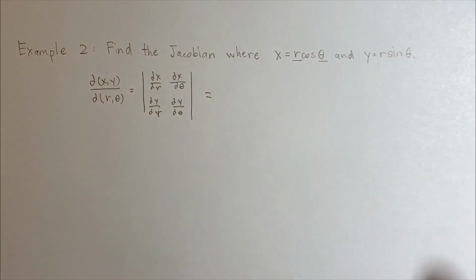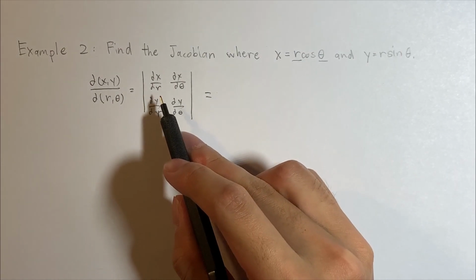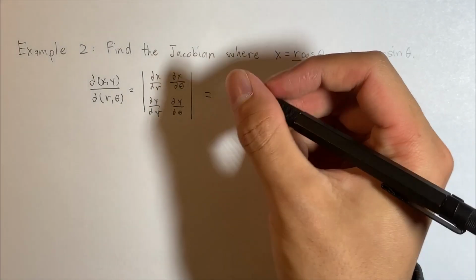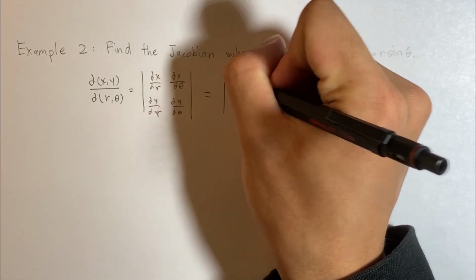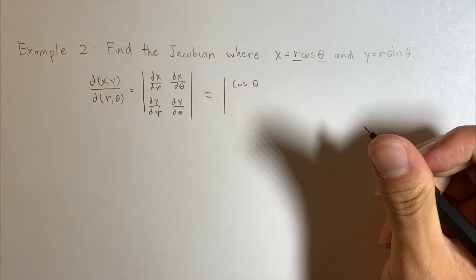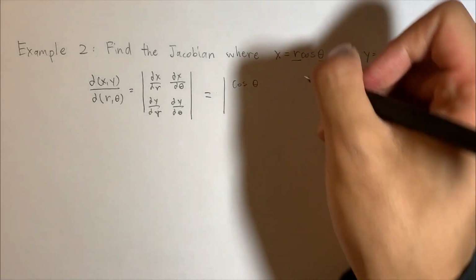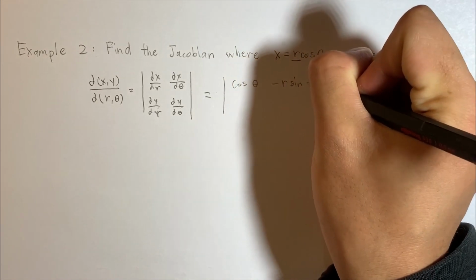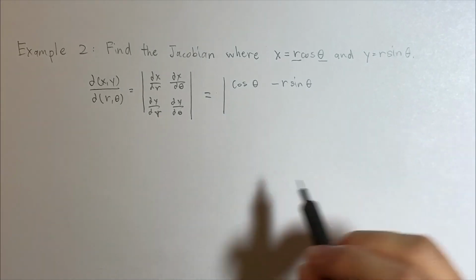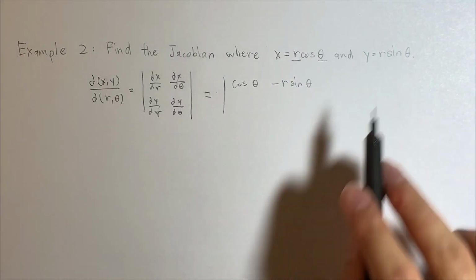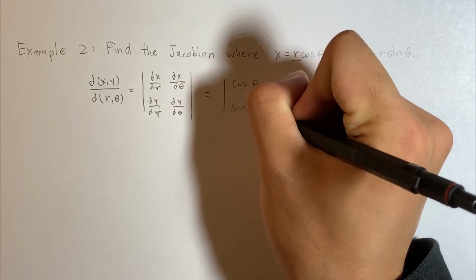So then we can go ahead and evaluate this. Partial x partial r would be equal to cosine of theta. Partial x partial theta would be equal to negative r times sine of theta. Partial y partial r would just be equal to sine theta.